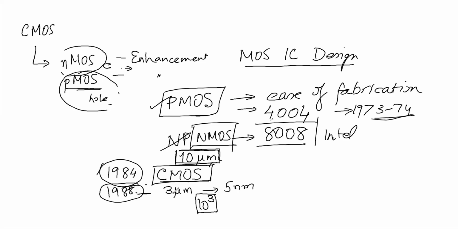Which also means that if this was my device and now your device is 1000 times smaller, that means you can pack that many times more devices into the same area. And this is a huge number. So today technology offers you space for numerous devices. Whatever number you put, area is no longer an issue.